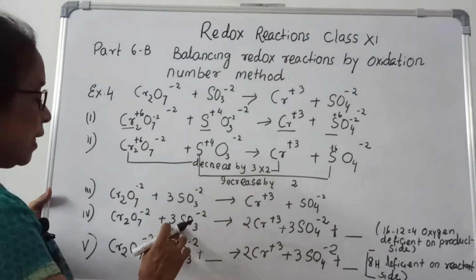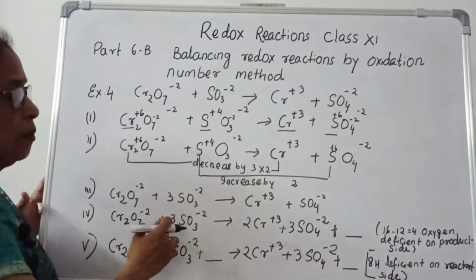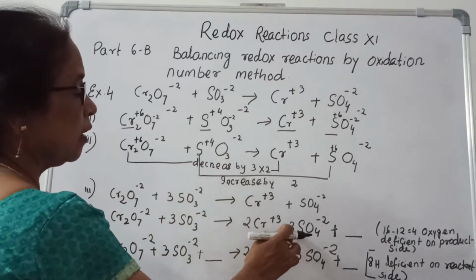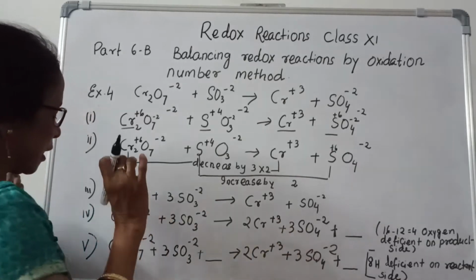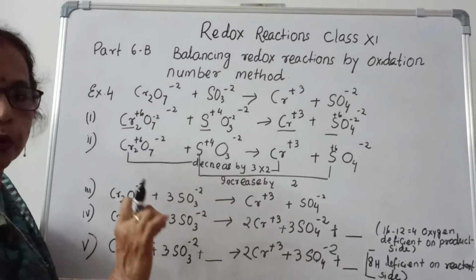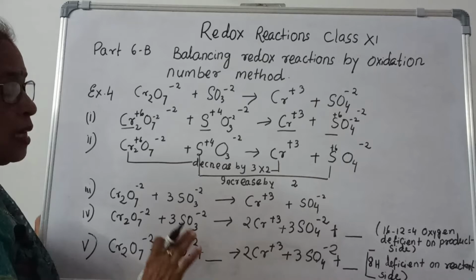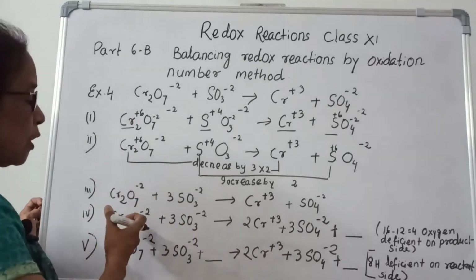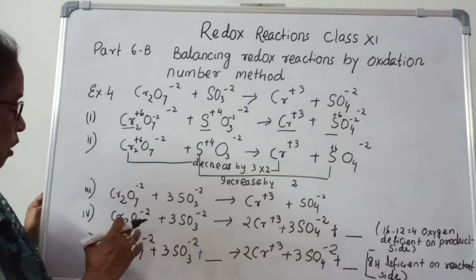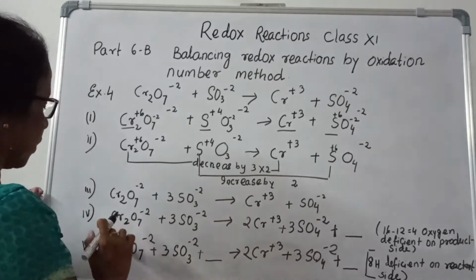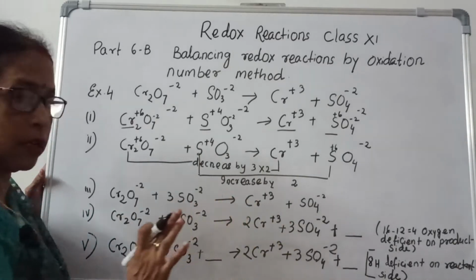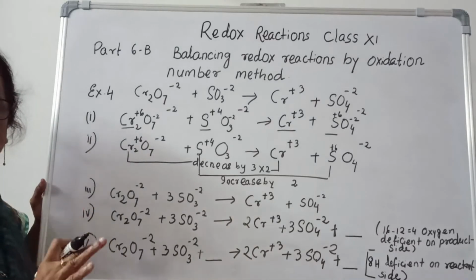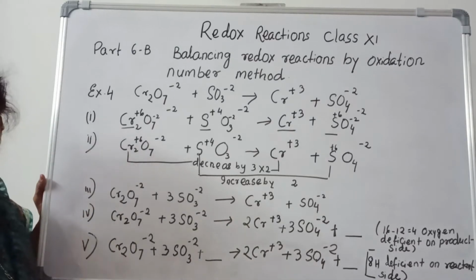And sulfur is 3 times, so to make sulfur 3 times, we will multiply by 3. That means sulfur and chromium are balanced. Now what is remaining? The remaining is only oxygen. Chromium is balanced, 2 chromium, 3 sulfur, 3 sulfur. Chromium and sulfur are balanced, excepting oxygen.